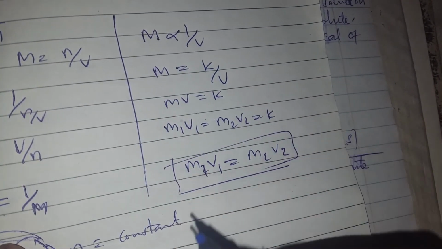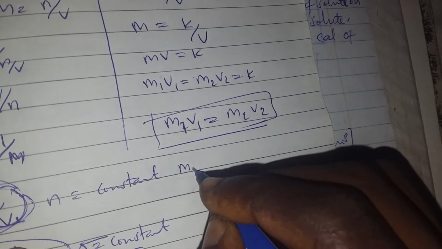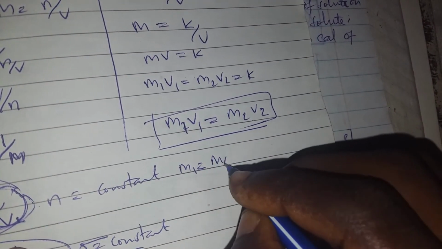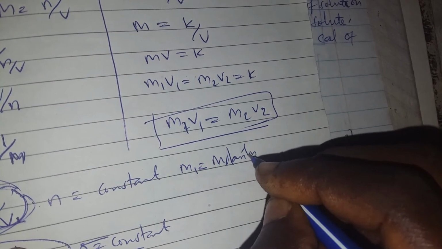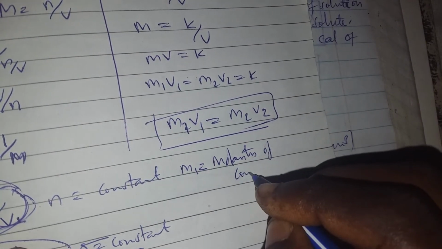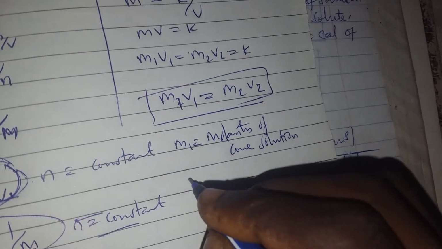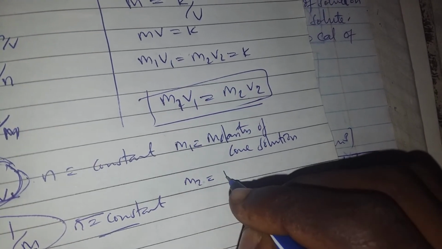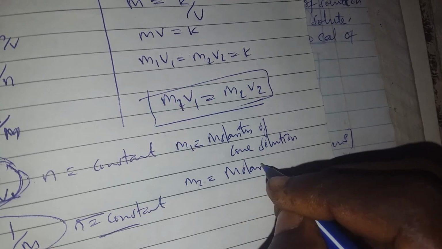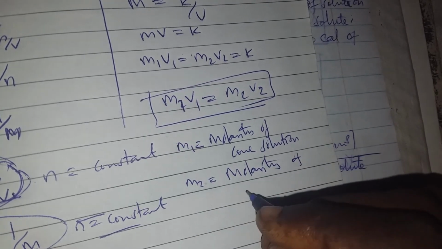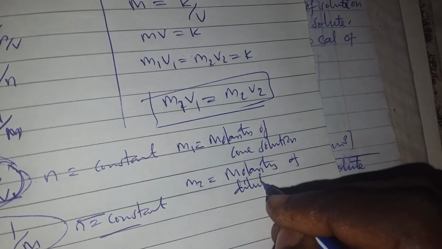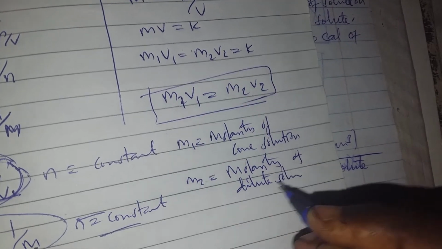So M1 can be regarded as the molarity of the concentrated solution, that is before dilution, and M2 can be regarded as the molarity of the dilute solution.